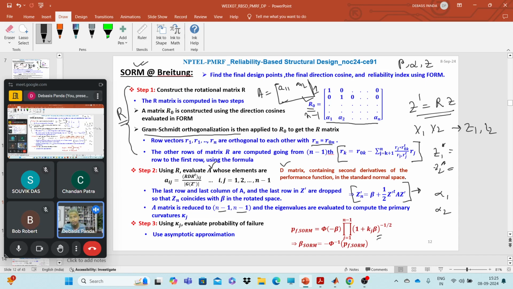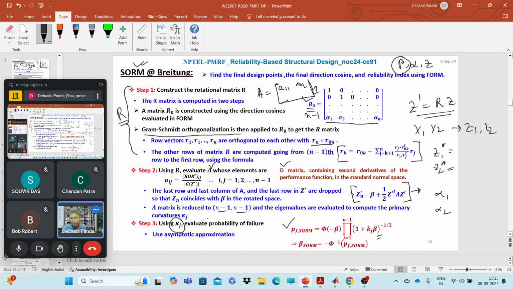Now once we have evaluated the kappa values, we can calculate the second order probability of failure using the Breitung approximation, which equals phi of minus beta multiplied by the product of (1 plus kappa_j beta) to the power minus half. Beta we already calculated using the first order reliability method.